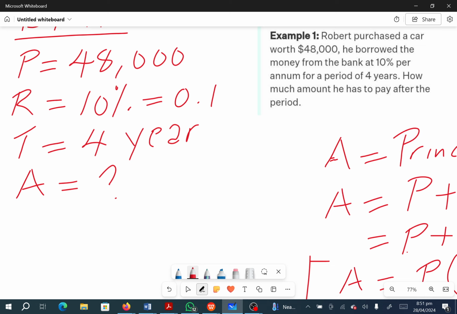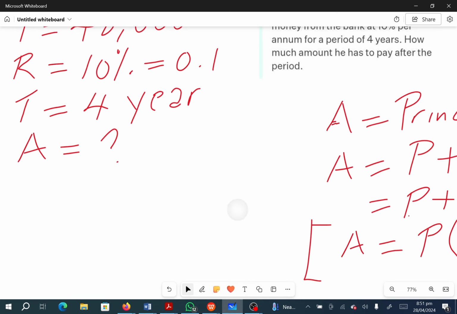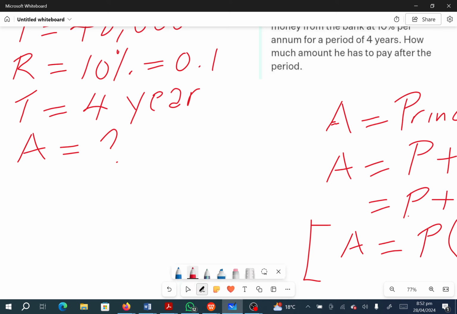In short, the money he is going to pay back after a period of 4 years of this loan. So we will now bring in our formula, which I've just given you: amount A is equal to P(1 plus RT).